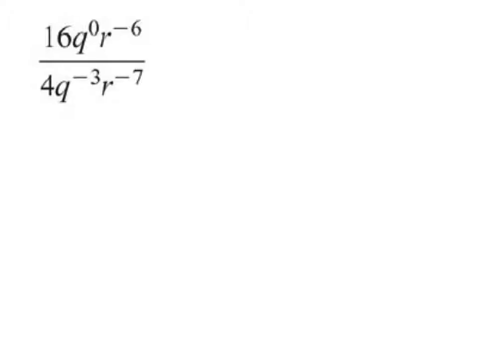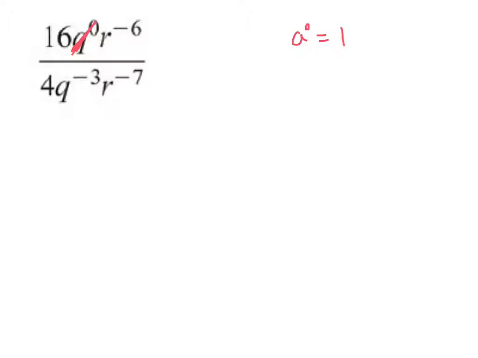The very first thing I would do anytime I see an exponent of 0, I would use our rule a to the 0 power equals 1. So that means q to the 0 power equals 1. What's 1 times 16? 16. So we now have 16 r to the negative 6th power on the top.